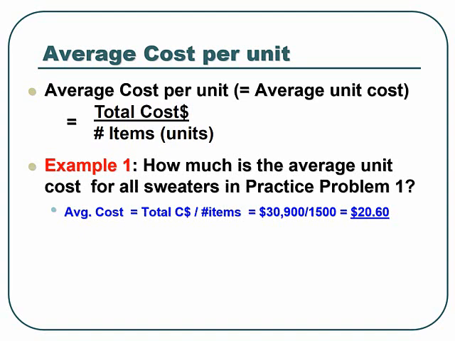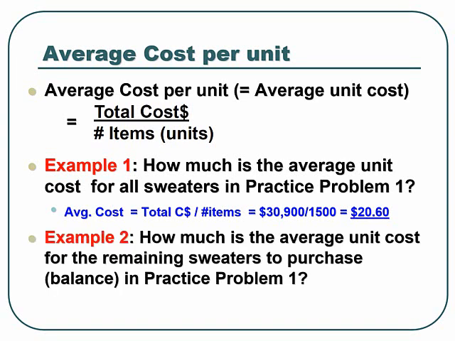For example, if we were asked to calculate the average unit cost for all sweaters in the previous problem, we can think about the total cost of the 1,500 sweaters, which was given as $30,900, and the number of items in the total sweater purchase, which was 1,500 units. So 30,900 divided by 1,500 will be $20.60. That was the average cost per unit, the average unit cost for the total merchandise, the 1,500 sweaters.